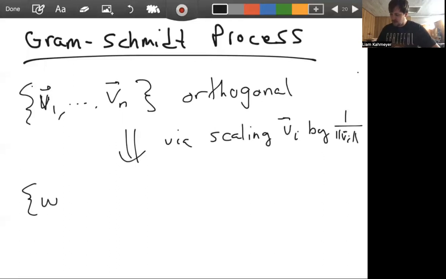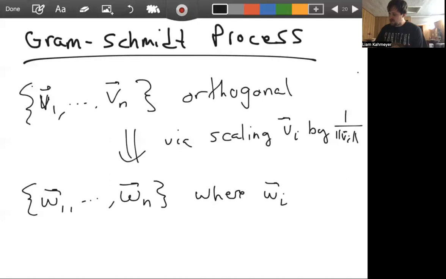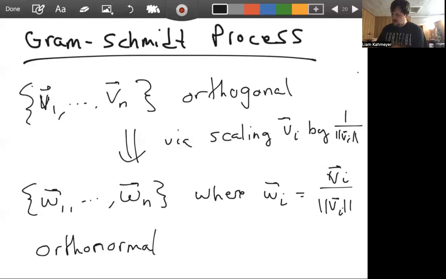We constructed this W1 through Wn, where Wi is equal to Vi over its magnitude, right? And this was orthonormal with the same span.